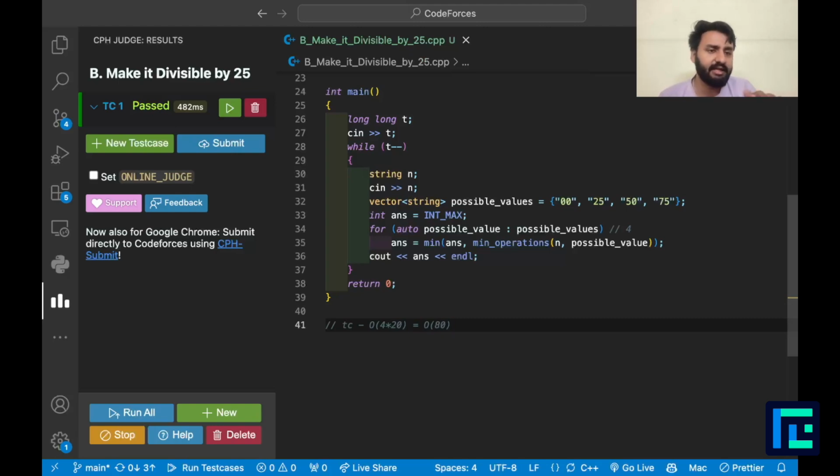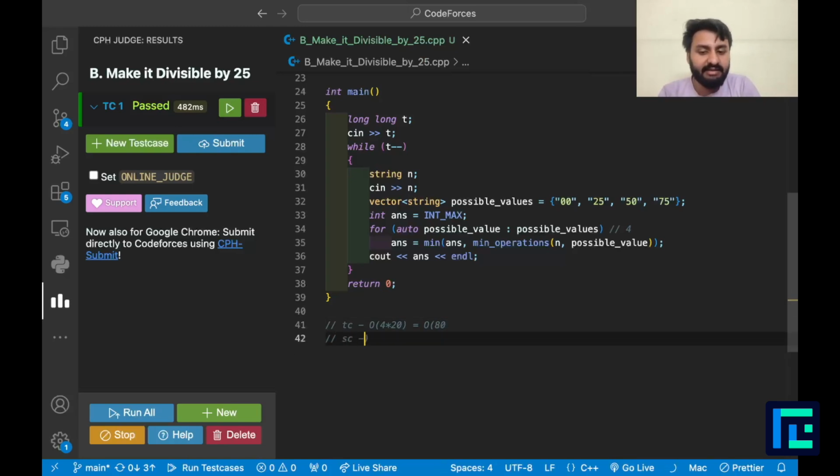Now O of 80 is very low. We wanted something like 10 power 4, and we have effectively got something like 10 power 2 order. 80 is almost like 100, so it's 10 power 2 order. Now, is that going to work? Yes, of course, it's going to work. We are not getting a TLE, our logic is right, and it fetches me an accepted solution.